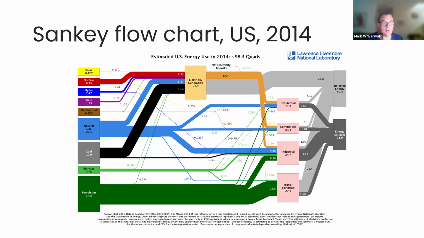So you can see that what has shifted, and we can look at it by the numbers if you prefer in a table, but in terms of this chart, we're still looking at about 60% rejected energy back in 2014 and a little more than 38% actual delivered energy at the point of use, at the energy service level. So bottom line is we're still wasting, have been wasting for a long time, quite a bit of our energy.